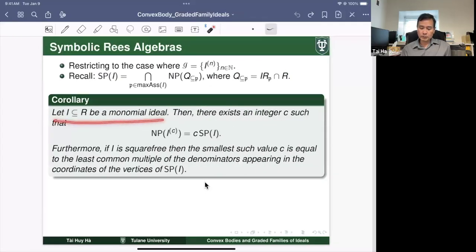And if we start with monomial ideals, then this C that we have seen in our theorem is exactly the C such that the Newton polyhedron of the symbolic C-th power of I is the same as C times the symbolic polyhedron of I. And this C, when the ideal I is a square-free monomial ideal, is actually computable by looking at the vertices of the symbolic polyhedron. So computationally, it is not hard to find this value C.